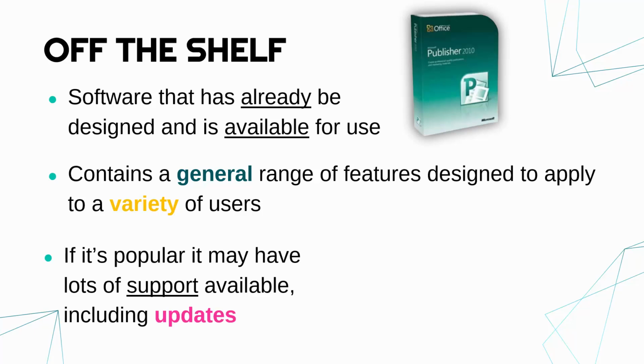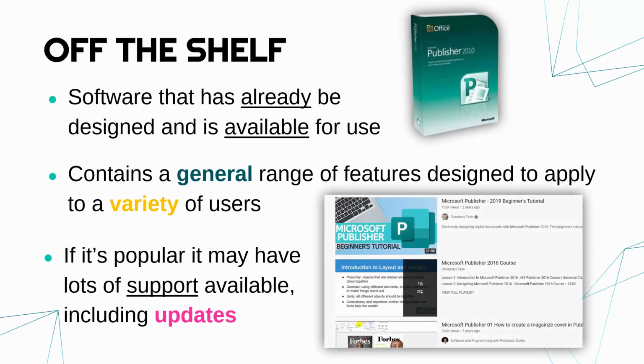Now, the benefit of using off-the-shelf software, apart from it being ready for you immediately, is that if it's popular, because it's designed to be used for a wide variety of users, there may be lots of support available. Microsoft might publish lots of tutorials and guidance because there are so many features, not all of which are going to be used. Equally, a community might provide lots of resources.